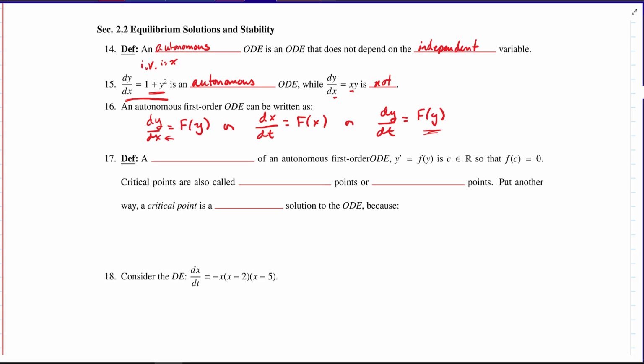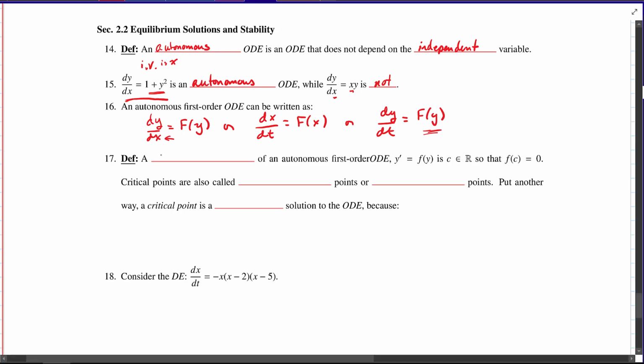So absolutely essential for understanding the solutions of autonomous ODEs is to look at what we call critical point solutions. A critical point of an autonomous first order ODE is some real valued constant c so that when you plug it in place of y into the function on the right-hand side, because it's autonomous, we know that is just a function of y.